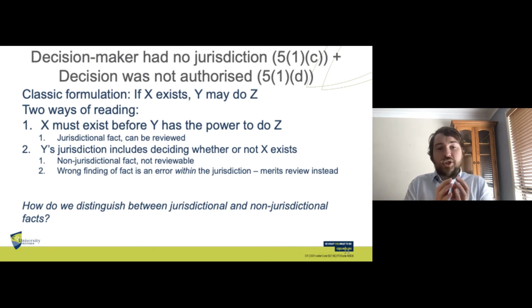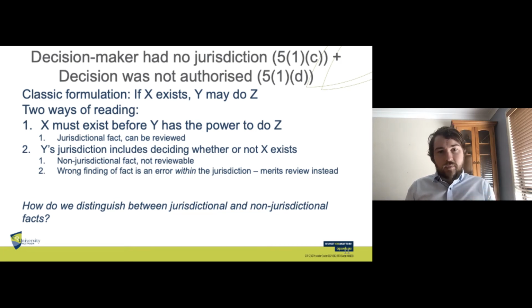Y's jurisdiction hinges on the existence of X. So if you think about our example from the merits review week about dangerous dogs, in order for the director of animal control to make a control order, the dog itself has to be a dangerous dog, and the ability to make a control order hinges on the dog being dangerous.